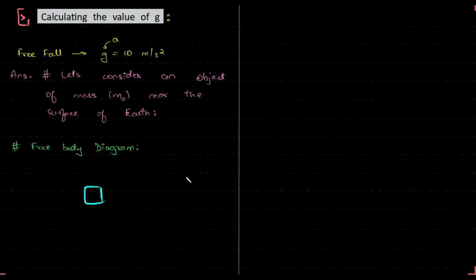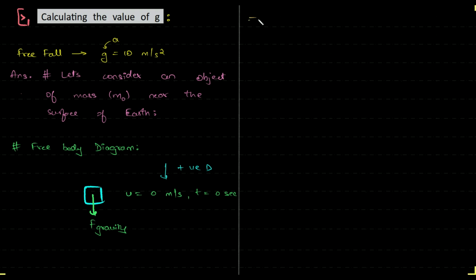We have an object, and if I take down as positive direction, we have a force acting downward, and that is because of acceleration due to gravity, right guys? Okay, done. So initial condition is 0 meter per second, for the time t equal to 0 seconds. This would be a free body diagram.